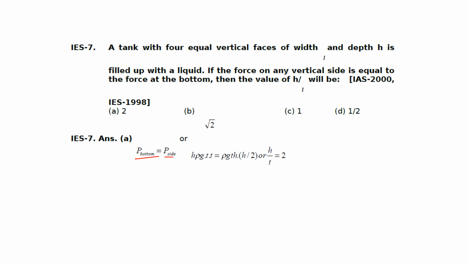It is rho g A x bar as we have seen earlier. For the bottom it will be rho g h into L into L, and for the side rho g L into h into h by 2. Simplify for H by L: rho will cancel out, L and h cancel out, and only H and L will be left. So it will be 2. The answer is E.